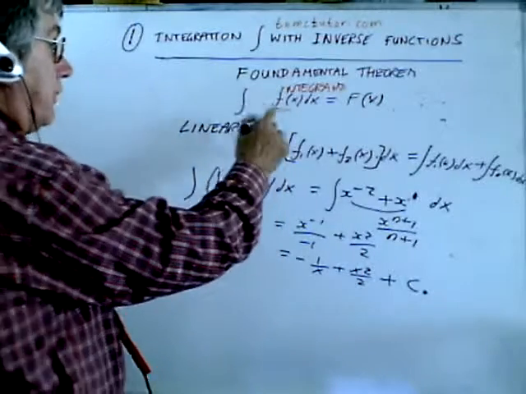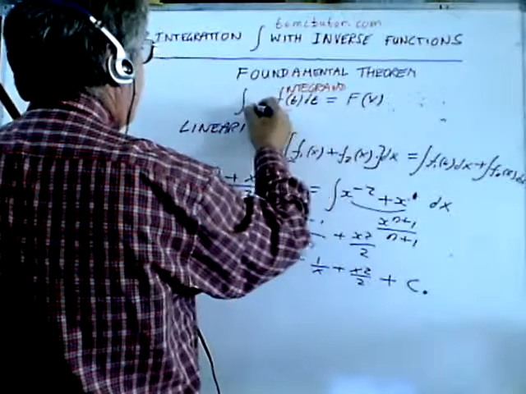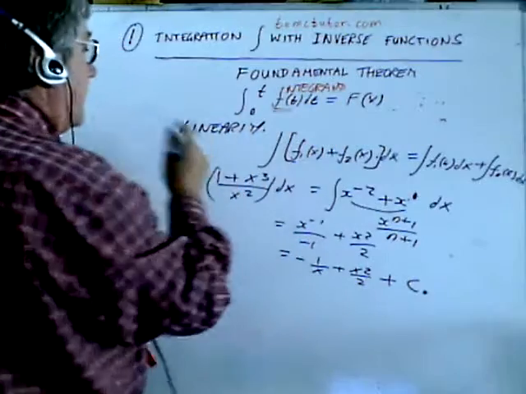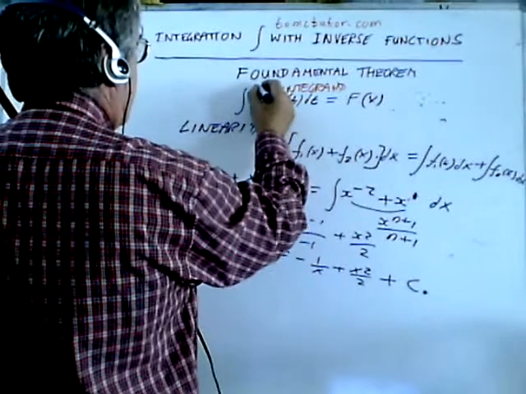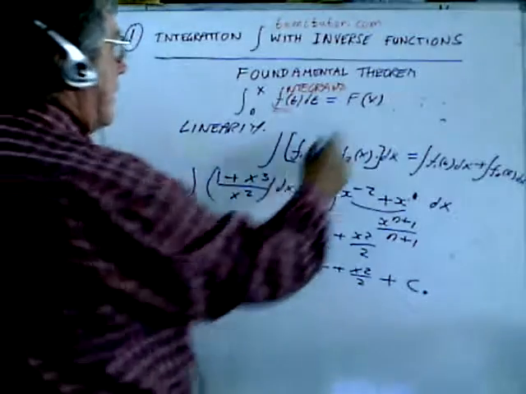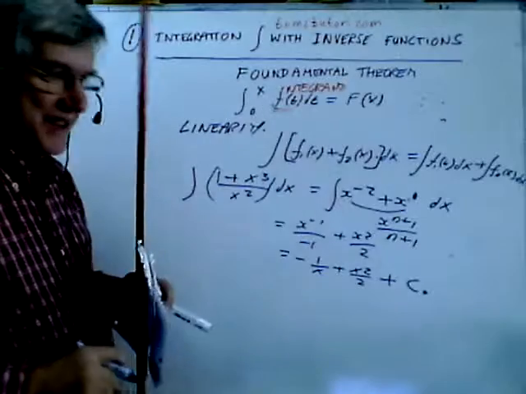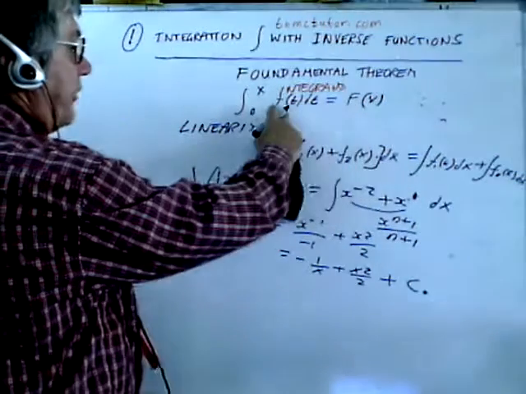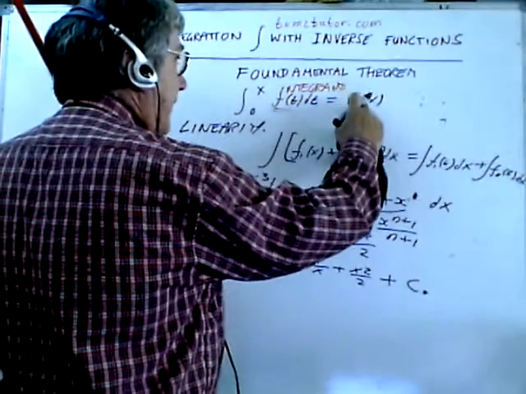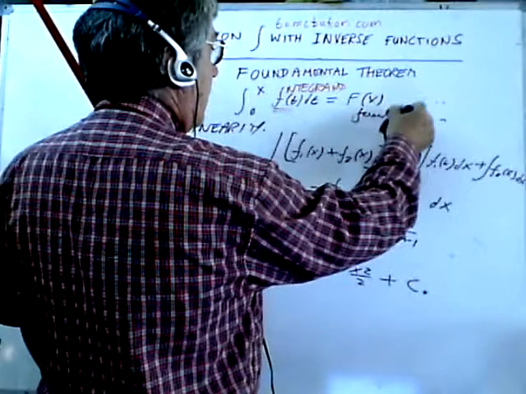And actually, to be quite precise, I should use a dummy variable here. I didn't want to get tied up in the fundamental theorem, but we can find a function that we differentiate to give us that, then that's the antiderivative, and that is strictly a function of x.